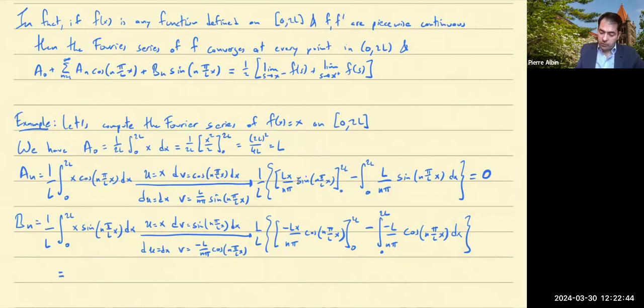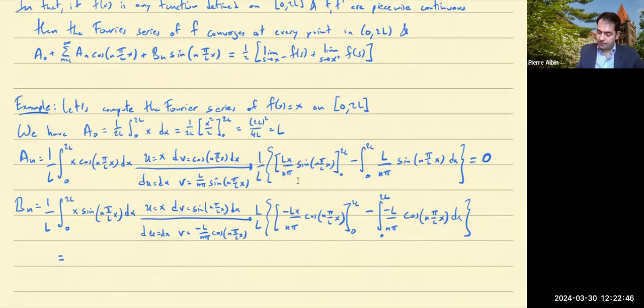So we're just going to have this first term, and we're going to evaluate at 2L and at 0. When we evaluate at 0, because of this x, we're just going to get 0. So it's just at the top endpoint.